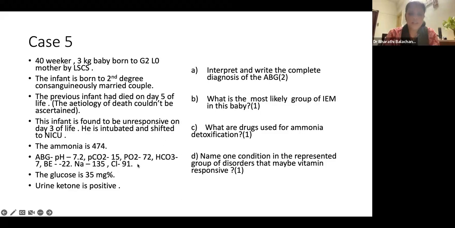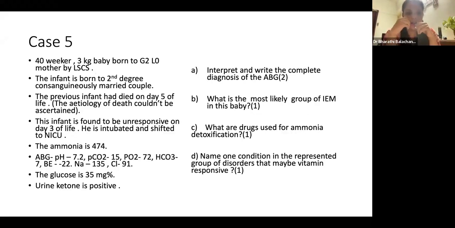Yeah, so can anybody calculate the anion gap? I get a lot of answers. So anion gap is sodium minus bicarbonate minus chloride, which amounts to around 20.